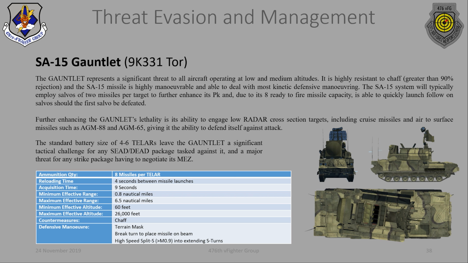When it comes to defending against it, obviously the only guaranteed way against the 15 is terrain mask. Get some dirt and rock between you and it. Otherwise, beaming it can work, does work. However, you need a lot of chaff in the sky. You're talking probably down to 0.2, 0.25 seconds between bundles, maybe even double bundles at that rate.